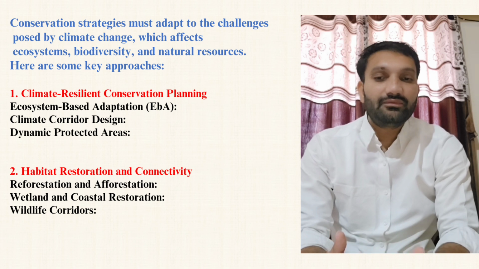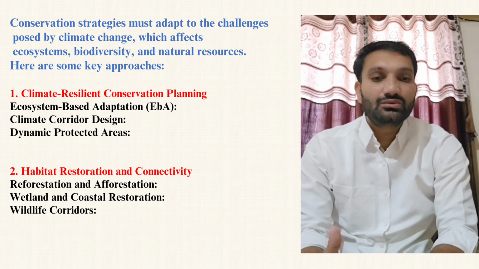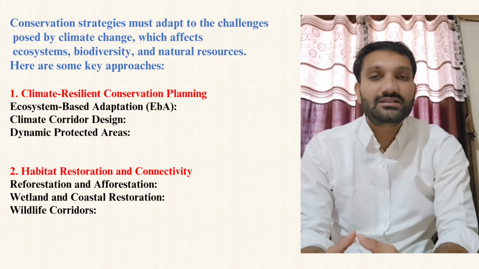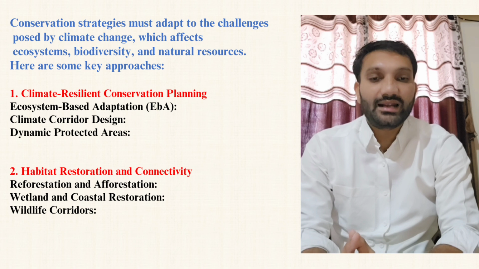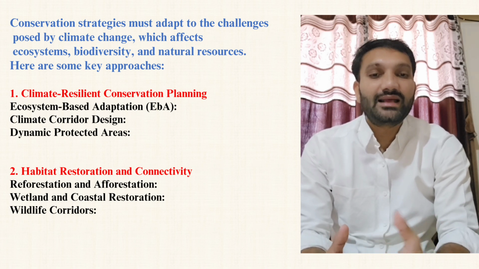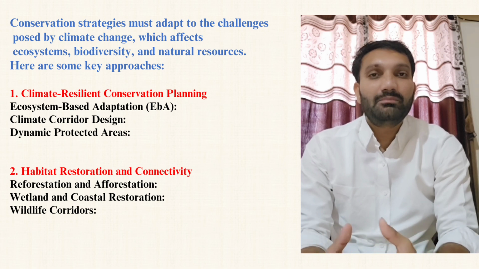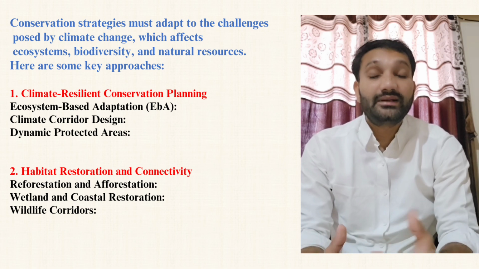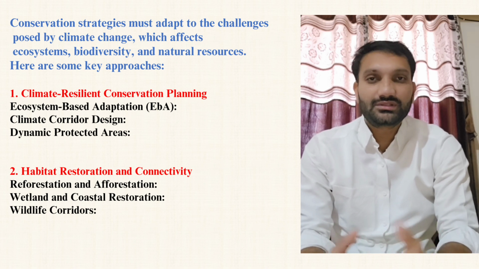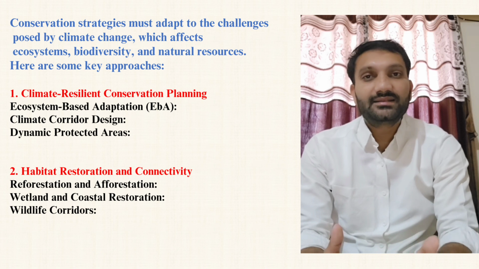Next, that is habitat restoration and connectivity. So reforestation and afforestation. So planting native trees to restore degraded landscape and increase carbon sequestration. So this simply means that we need to plant as many trees or plants as possible, because if the land becomes barren, not quite fertile, the biodiversity of that particular ecosystem or region ultimately decreases.